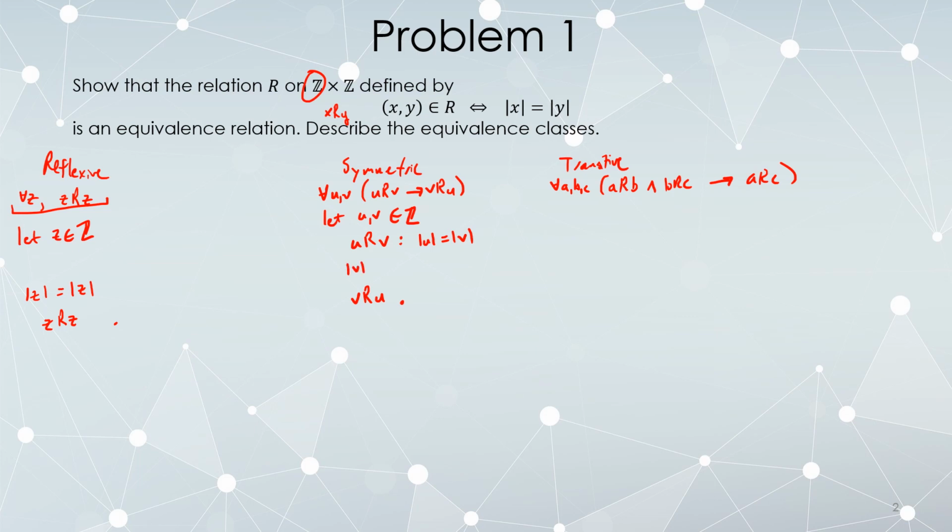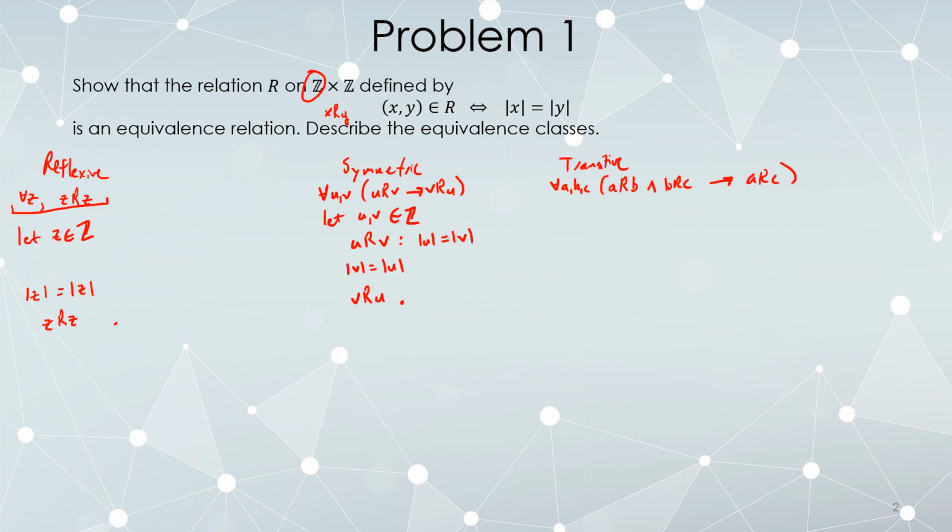We would want that the absolute value of v is equal to the absolute value of u. Here's my given information, what I've assumed, and here's what I need to show. How can I argue that if this is true, then so is this? There's really not much to say because the equals sign is symmetric. If the left side is equal to the right, then the right side is equal to the left, and that's all there is to it.